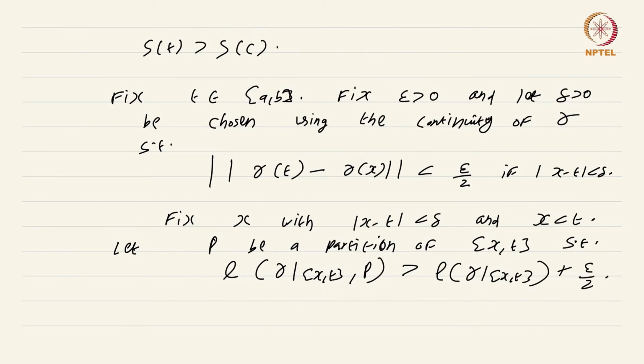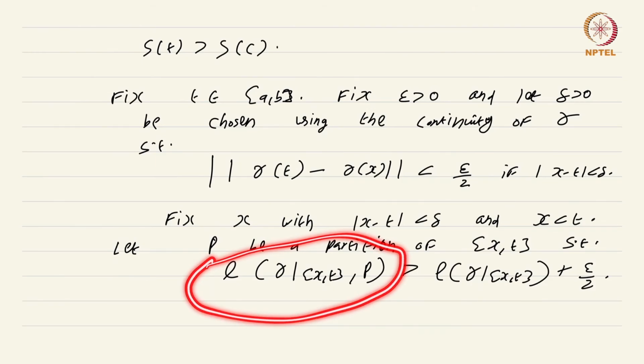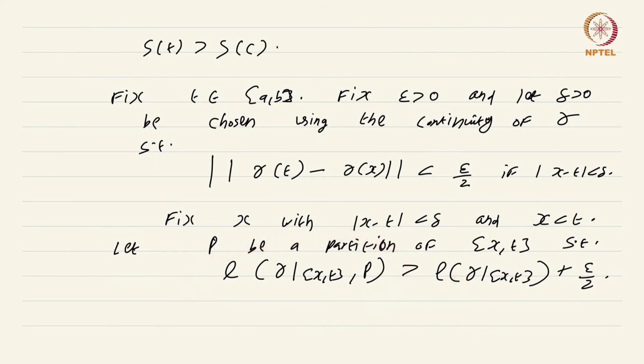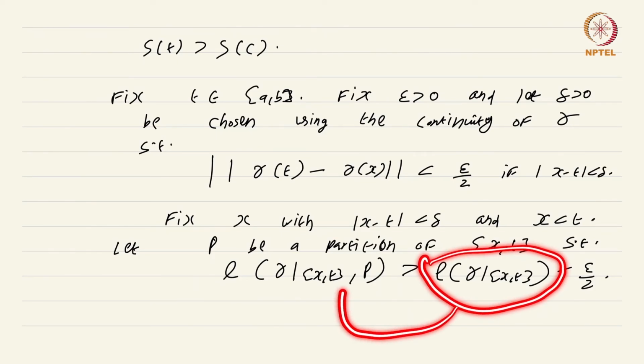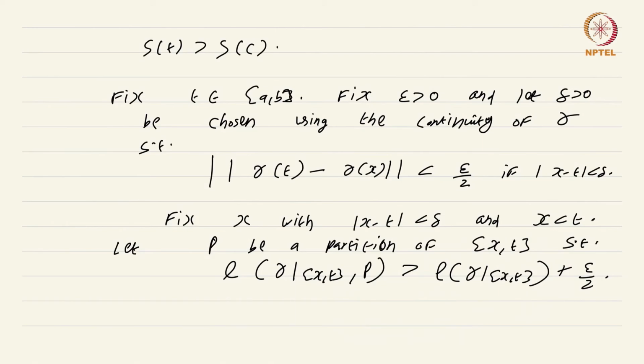Now what is happening here? Things might seem a bit confusing. What is essentially happening is the following. I am going to choose a partition P such that the partition is so fine that the length with respect to this partition is not that different from the actual length. Since this quantity is nothing but the supremum over all partitions of the quantity on the left, given any epsilon, one second, I made a massive goof up.